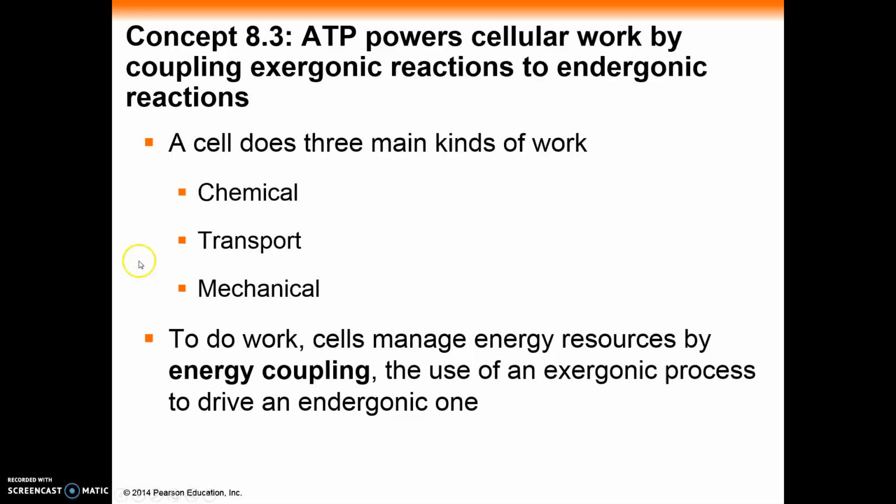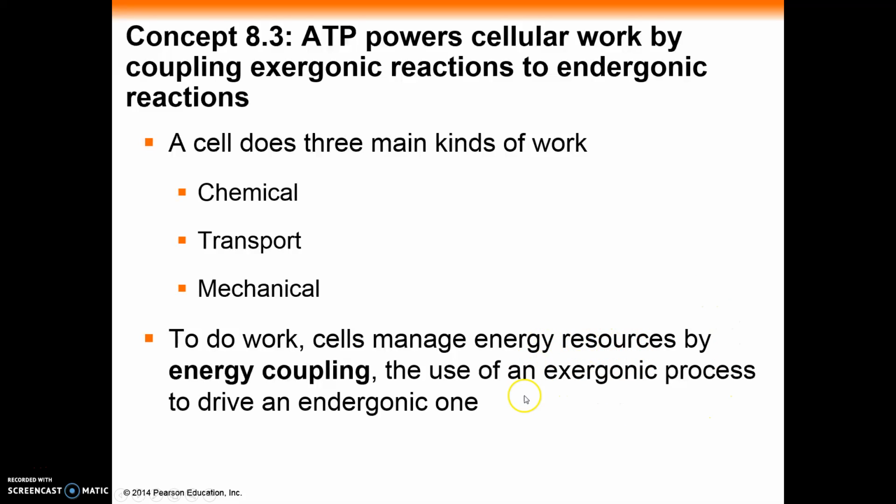In order to do this work, we need to couple that to the cell's energy resources. And so, since most of these various forms of work are going to involve an endergonic reaction, what we do is we couple it to an exergonic process in order to drive that forward.